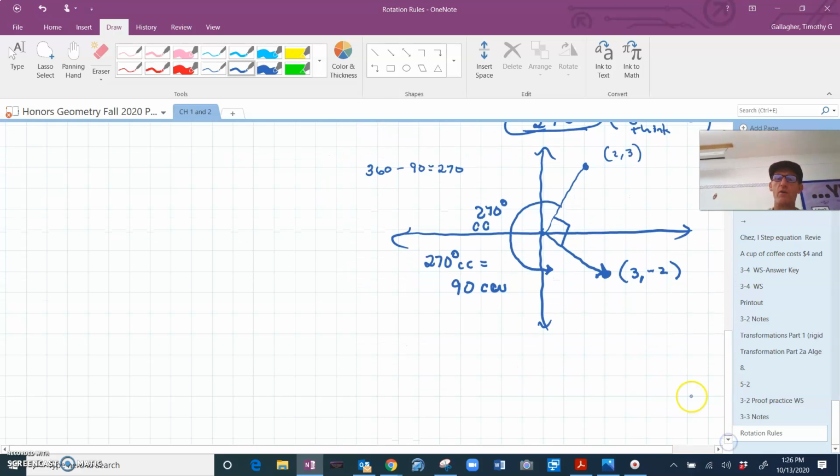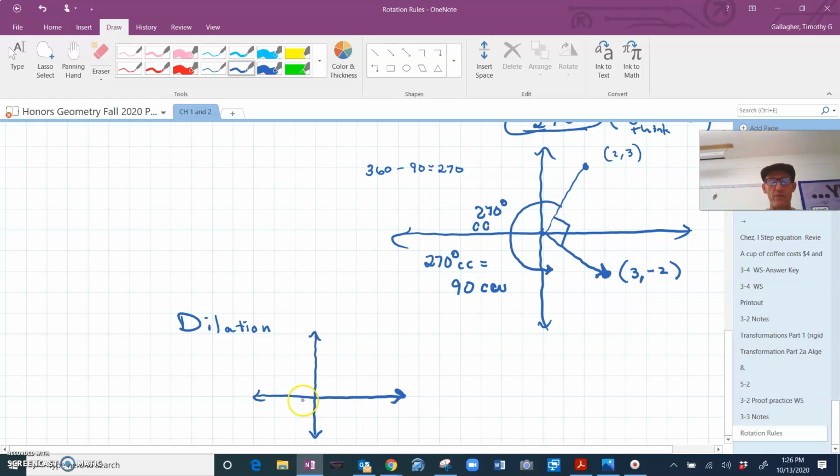Okay, now the last transformation is dilation. Now, when we draw a triangle on an XY axis, we can dilate it.